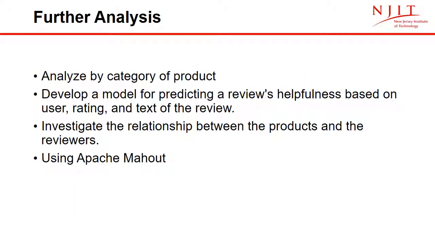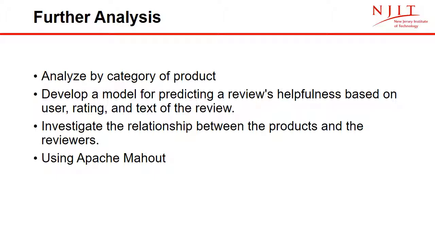Further analysis. Analyze by category of product. That is, the dataset used contains product IDs but not a categorization of the products. Getting more information on the categories of products or using the review text to gain product information and then doing analysis across product category would be interesting.